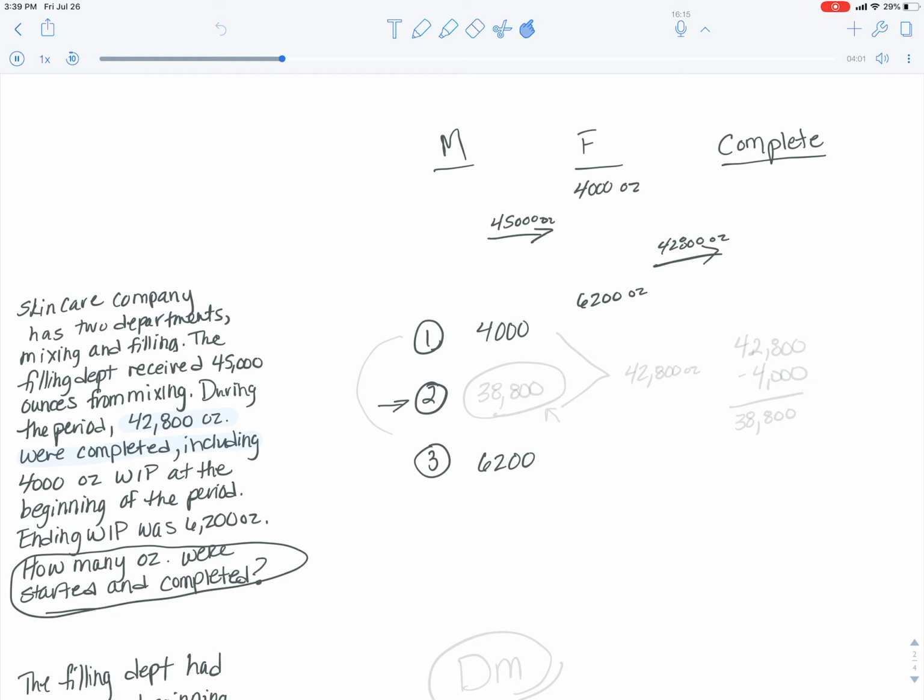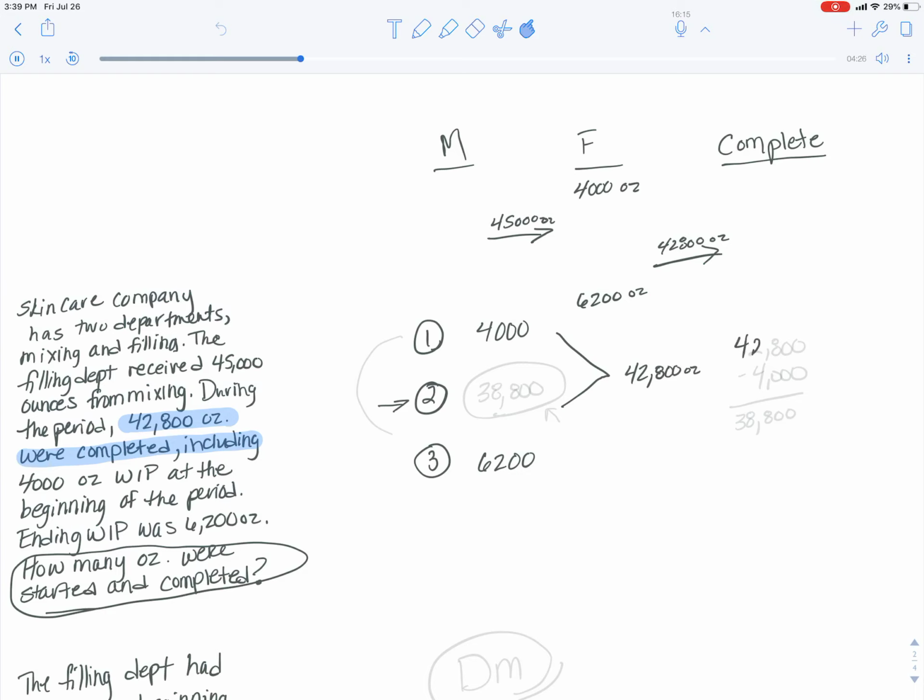Well, remember I told you ounces transferred out is going to be made up of group 1 and 2, so we can figure out the answer, because here it says that 42,008 were completed and they were transferred out. So 42,008 is going to be the total ounces of group 1 and 2.